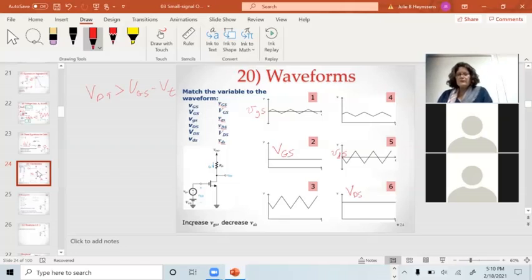The other two signals I have left on there are AC plus DC. You can see they have, 4 and 3, a DC component. They're shifted above 0 volts, and they're also wiggling around, so they have an AC component.